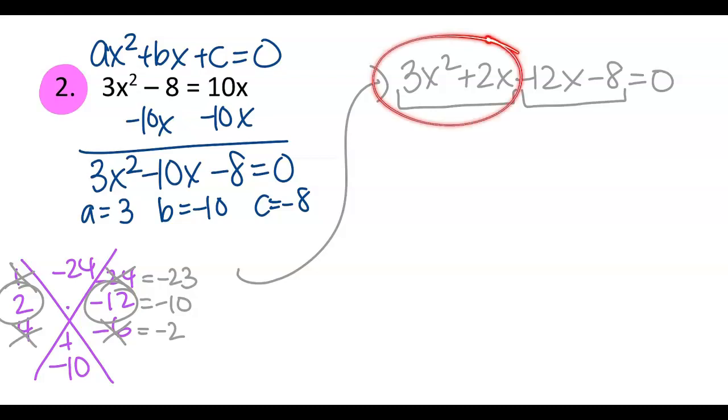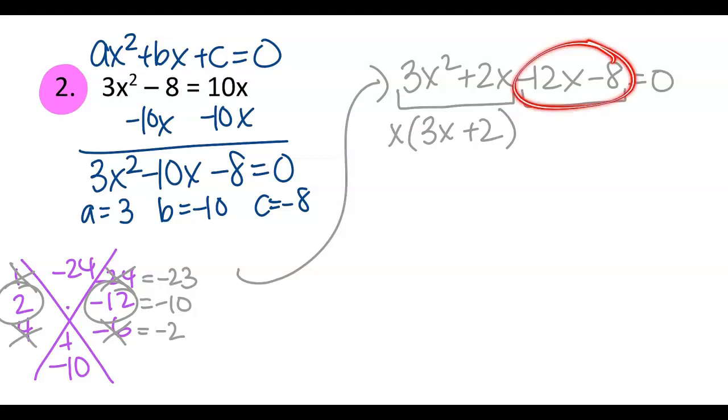So in the first group, okay, I can't factor out a number because 3 and 2 are pretty much prime. I can't factor anything else out. So let me just factor out an x from each of those. That's going to leave in parentheses 3x plus 2. In the second group, okay, I need to factor out a number. Definitely we're going to make this a negative number, whatever I factor out. 12 and 8, I can divide both of those by 2, and I can also divide them by 4.